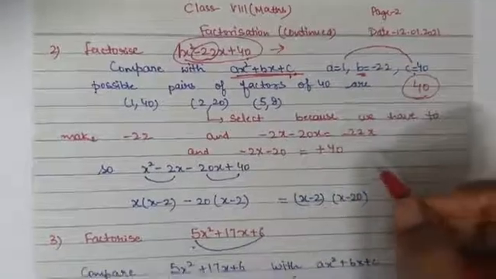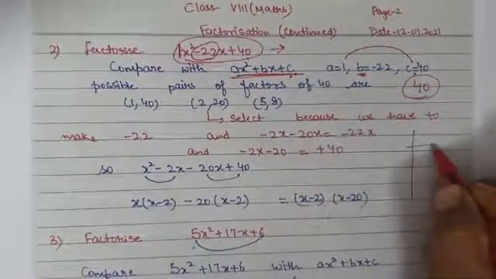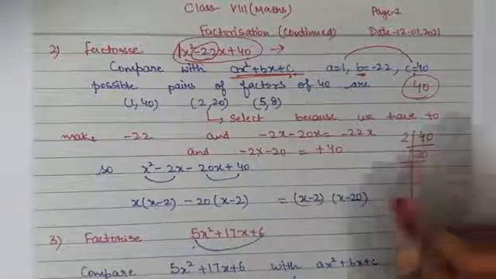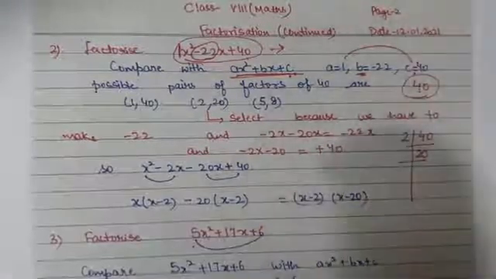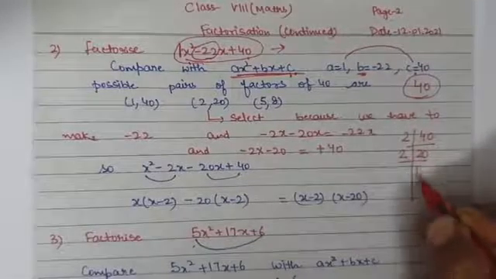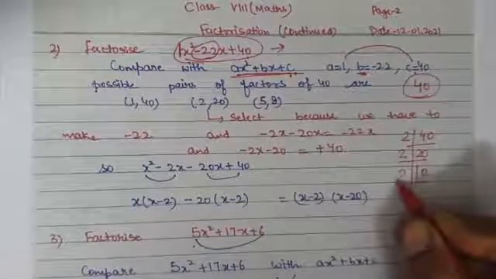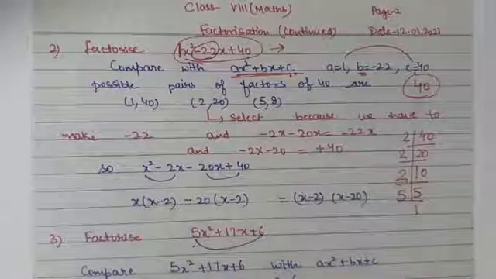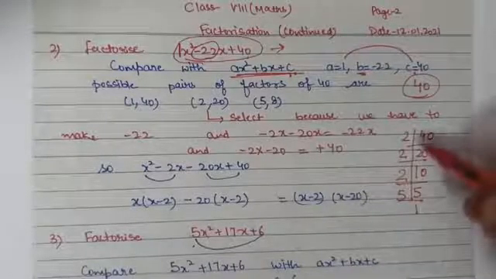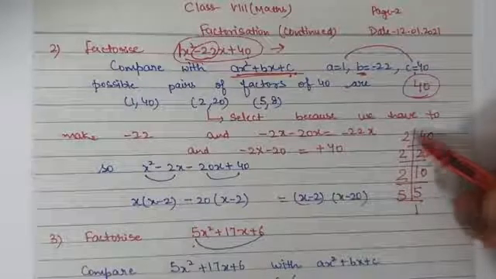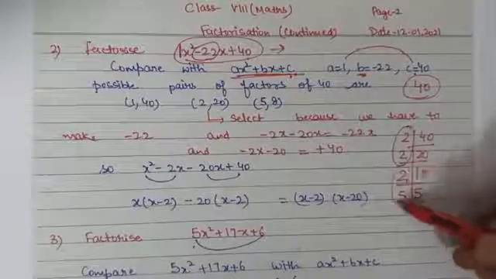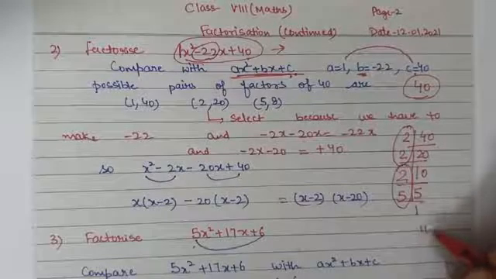Now let us make the factors of 40. That is 20, then 2 10 is 20. 2 5 is 10. 5 1 is 5. Now start making the factors. 2 into 2, 4. 2 into 5, 10. 4 and 10.